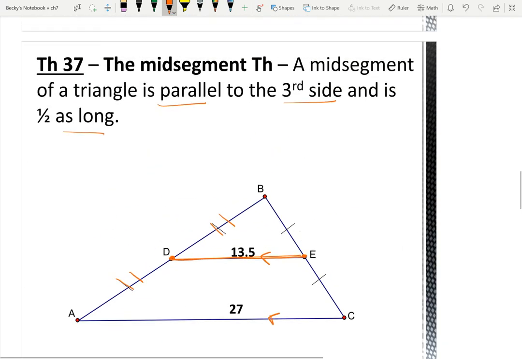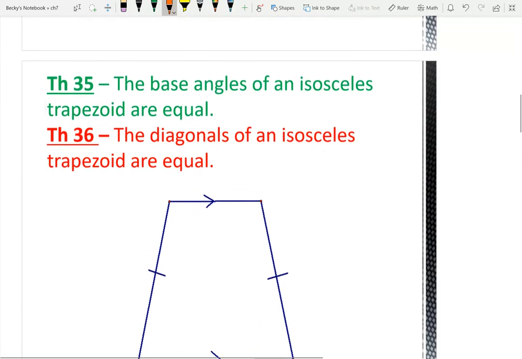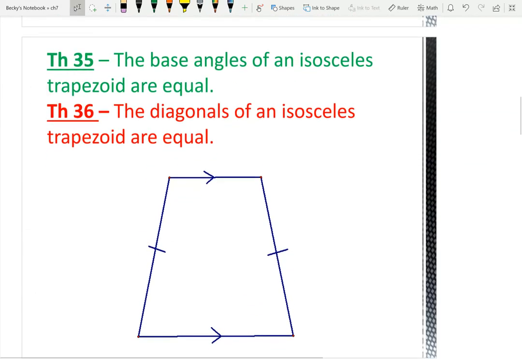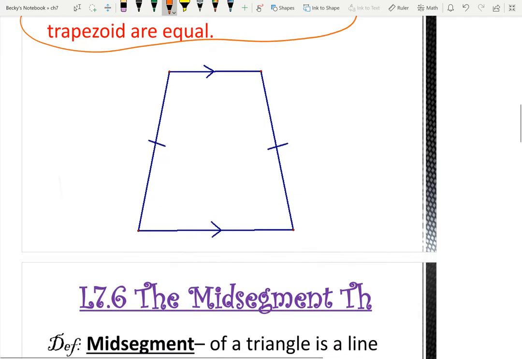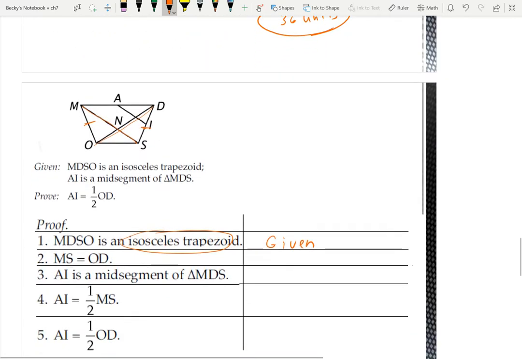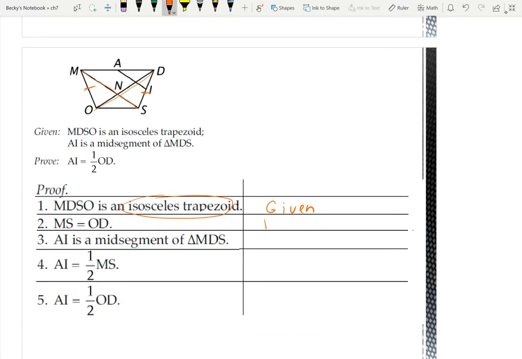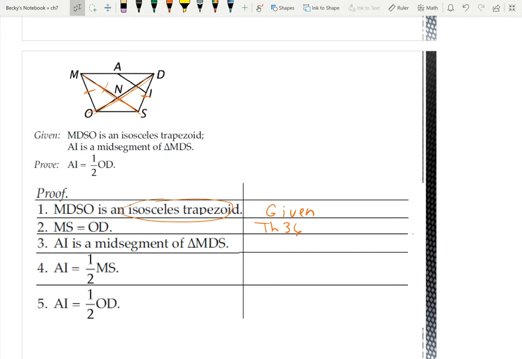So I have that pulled up here. All right. So let's look at this theorem. The diagonals of an isosceles trapezoid are equal. And that's exactly the situation that we have in this proof. Okay, so that is theorem 36. So we know these 2 diagonals are the same length. So I'm going to put 2 slashes and 2 slashes.